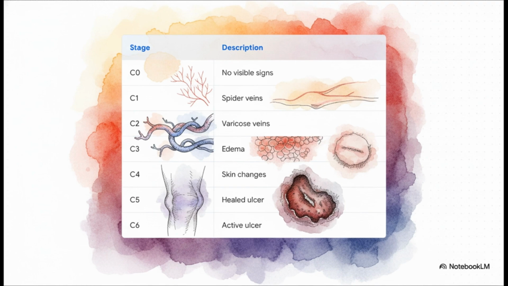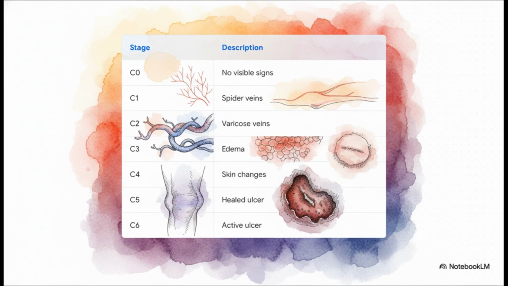It starts at C0 with no visible signs, moves to C1 for tiny spider veins, C2 for true varicose veins, and C3 for edema or swelling. By the time we reach the later stages, it gets serious. C4 brings severe skin changes, C5 is a healed ulcer, and C6 is an active open venous ulcer. It's a highly precise, standardized way to track the disease.